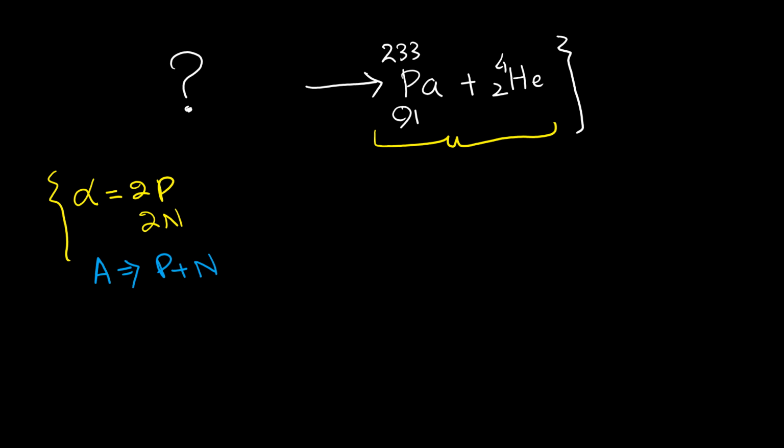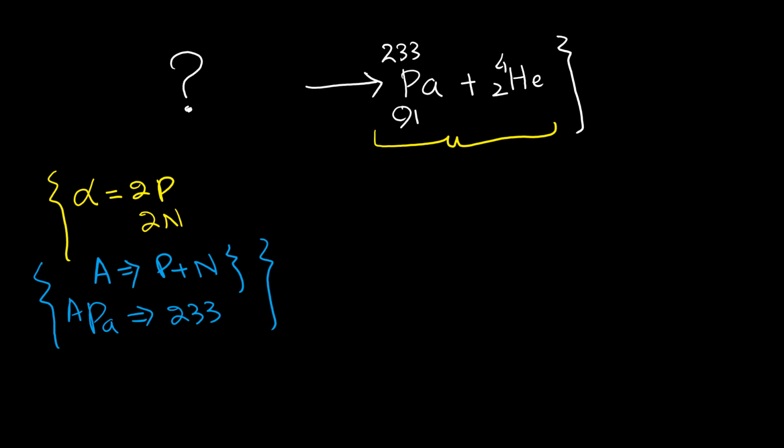So the atomic mass of the new element protactinium is 233. However, since alpha particles have two protons and two neutrons, the atomic mass is the number of protons and the number of neutrons.